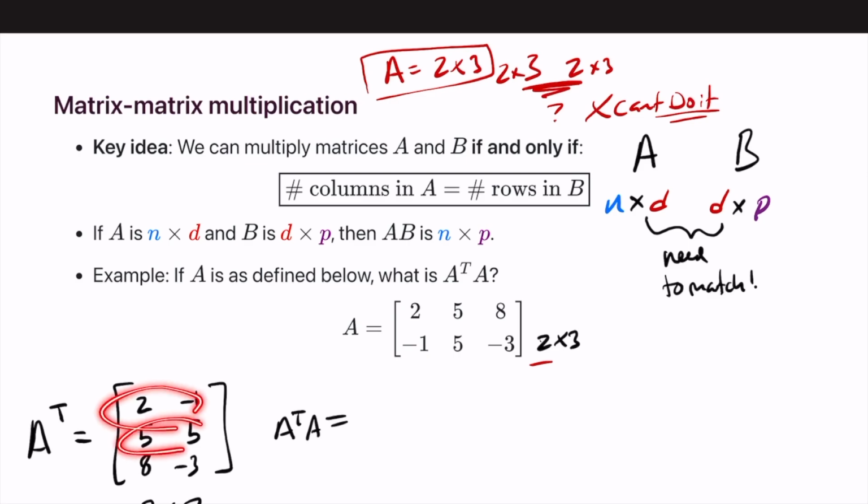Then we'll take each of these rows again and dot product each one by the 5, 5, and then again by the 8 and -3. And so what we're going to wind up getting is a matrix that is 3 by 3, just the outside dimensions.